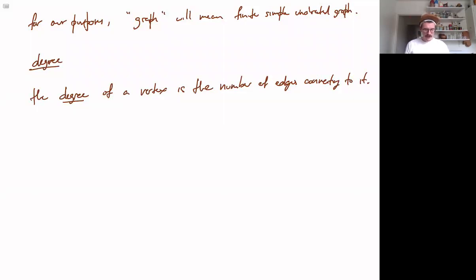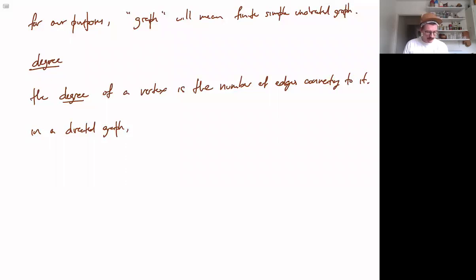Very simple. In a directed graph, remember that every edge has a direction, and so the endpoints are different depending on whether the edge is entering that vertex or leaving that vertex.